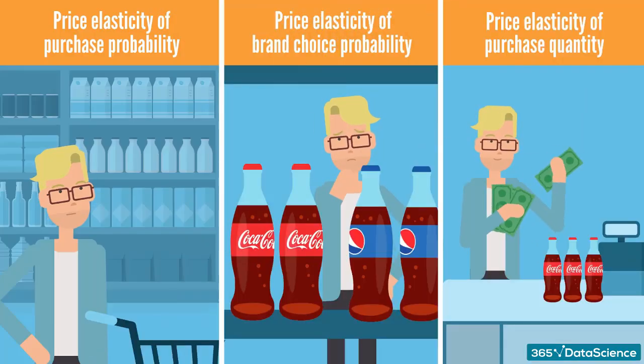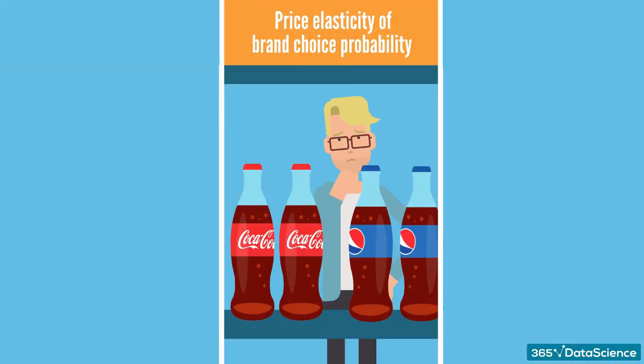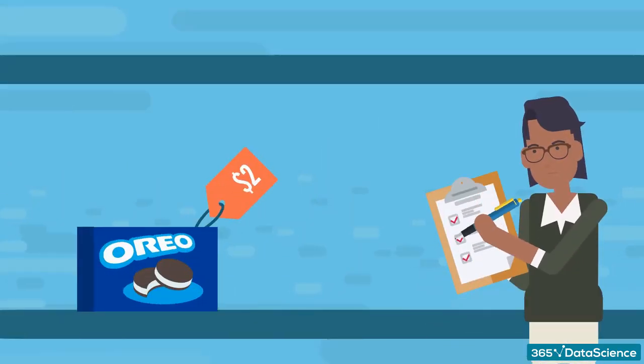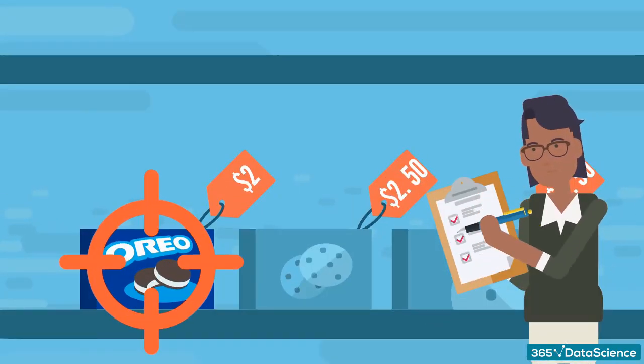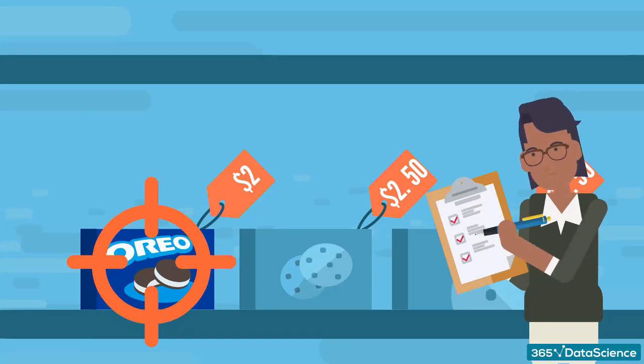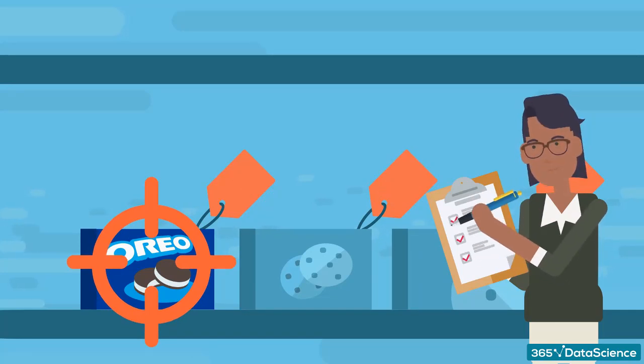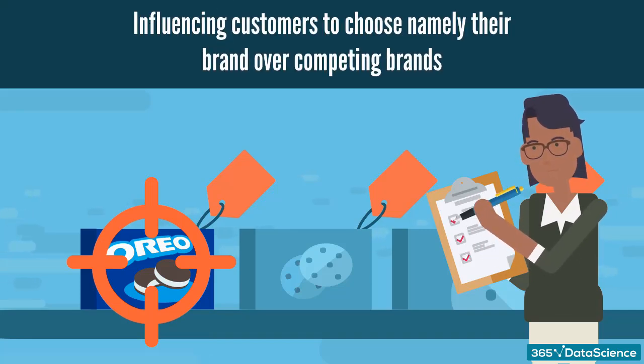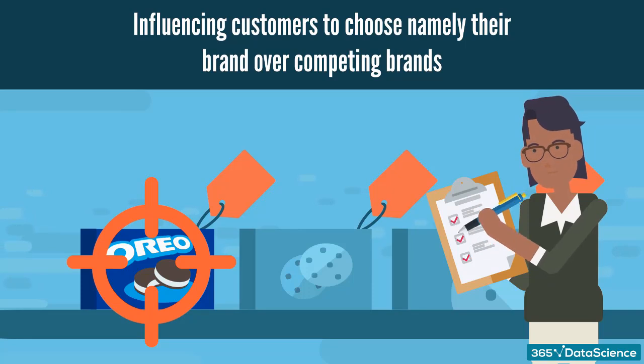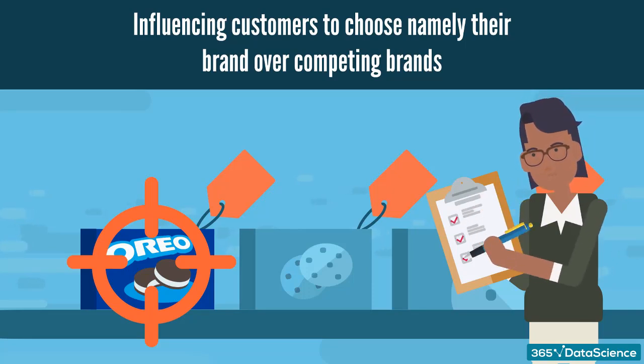What about price elasticity of probability for brand choice? Well, that's the most interesting one. And it's the most important one for marketers as well. If you're working for Oreo, you'd be interested in the Oreo brand, not in the aggregate biscuits sale across the board. That's why all marketers' efforts are devoted to influencing customers to choose namely their brand over competing brands.